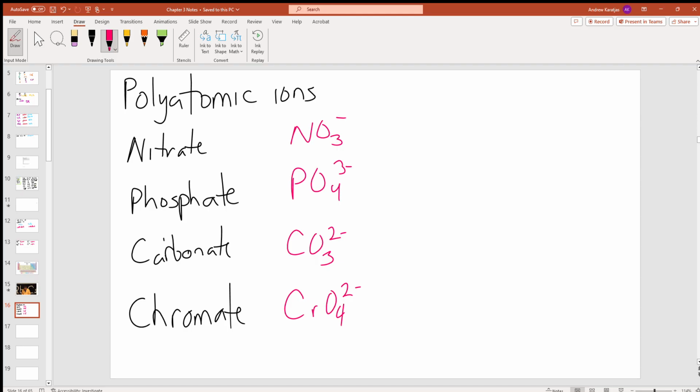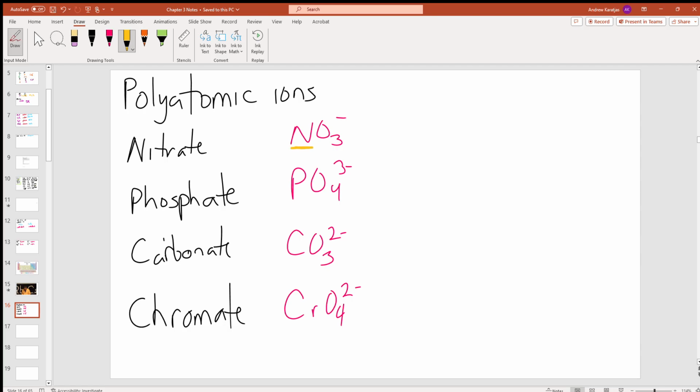One is, what is the atom other than oxygen? Almost every one of these polyatomic ions that we're going to learn has an oxygen or some number of oxygens in it. We have to then know how many oxygens there are, what the charge is, and what the other element involved is.